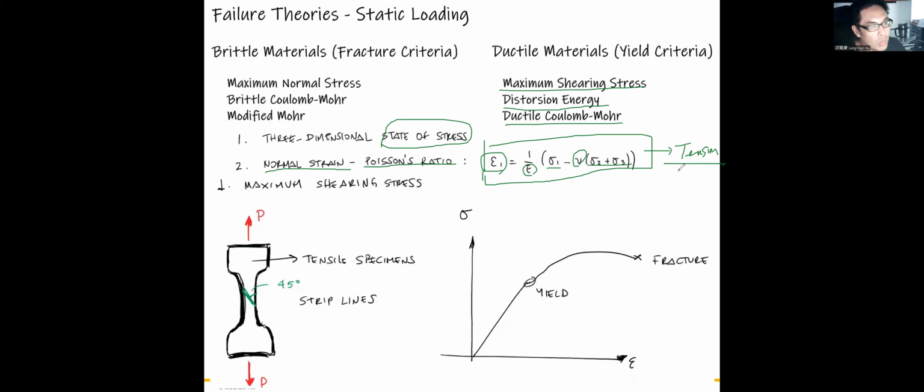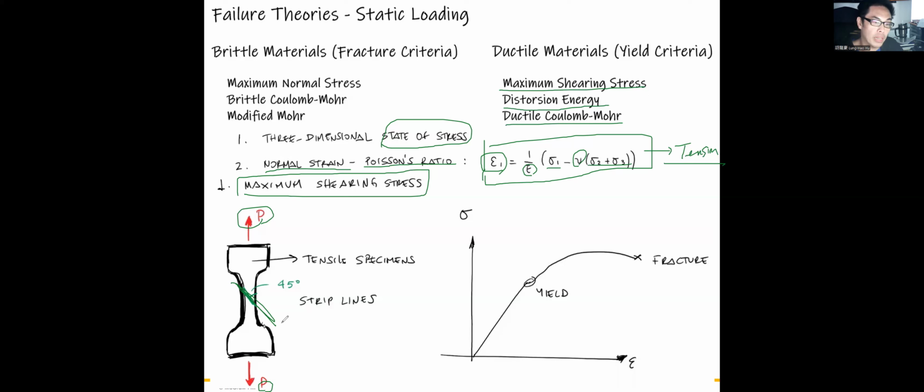Now let's discuss the criteria of the maximum shear stress for ductile material. In the tensile test, we already know the fracture surface will be along 45 degrees. From the materials point of view, this is because of the close-packed plane, which has the highest atom density.